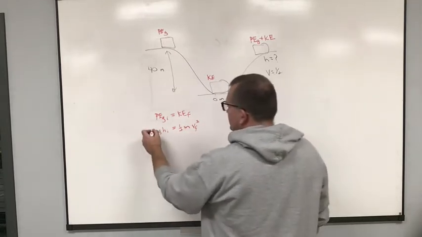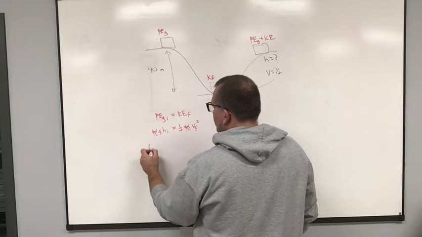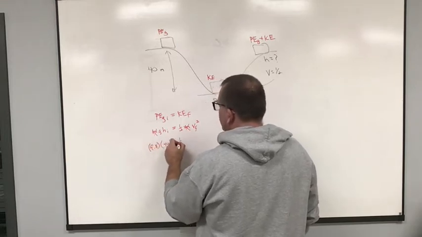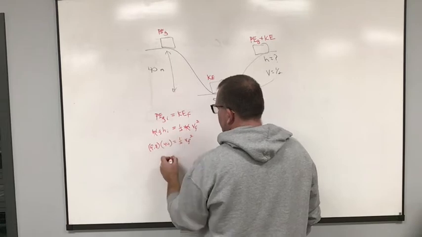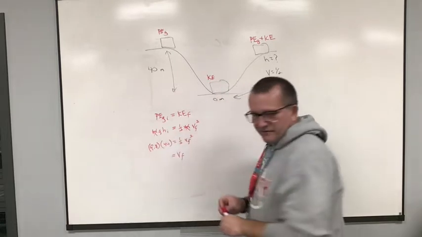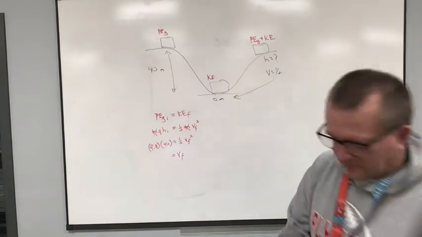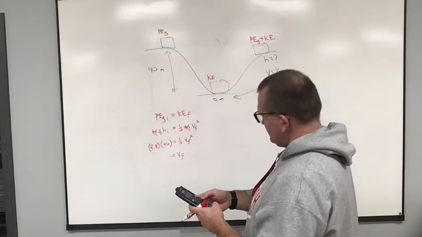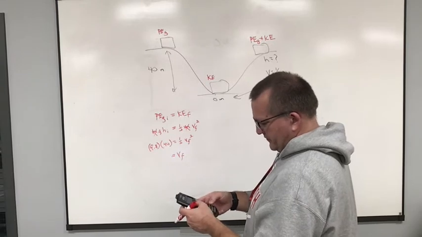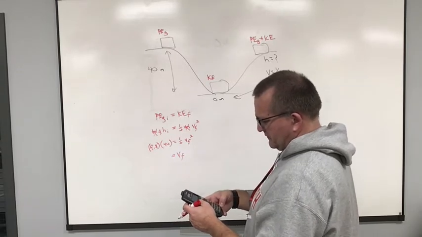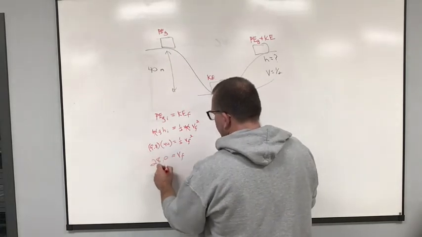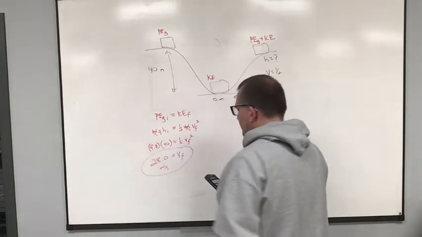Again, masses are irrelevant, so I go 9.8 times my height of 40 equals 1/2 vf squared. So I can solve for my final velocity: the square root of 9.8 times 40 divided by 1/2, and it's going to be 28 meters per second. So my final velocity is 28 meters per second.